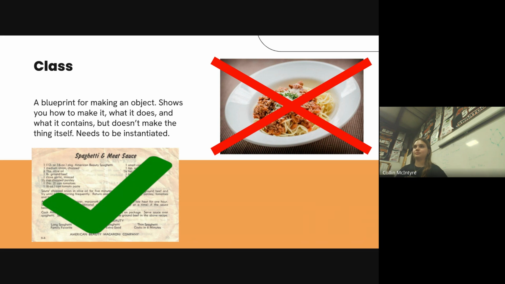So the class is the recipe, not the plate of spaghetti. 100% correct. Perfect. So if you wanted a plate of spaghetti, you'd have to go out of your way to define this is a plate of spaghetti instead of just defining a class. You would have to follow the instructions on the recipe, so that you can construct your plate of spaghetti.